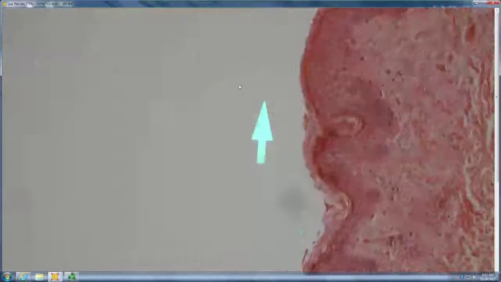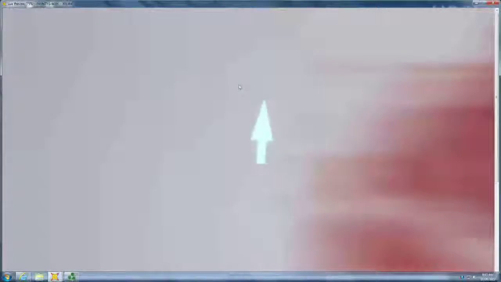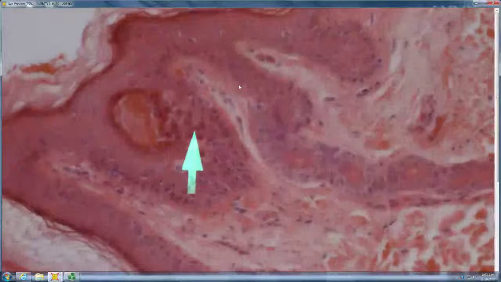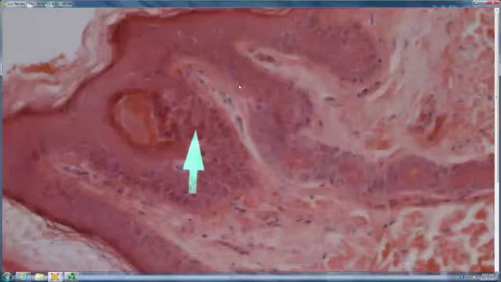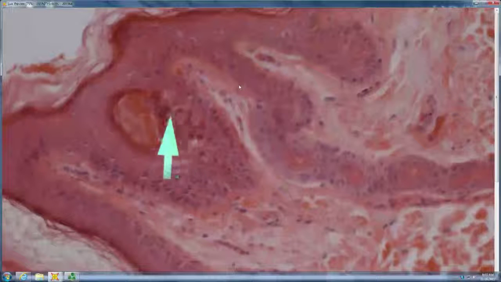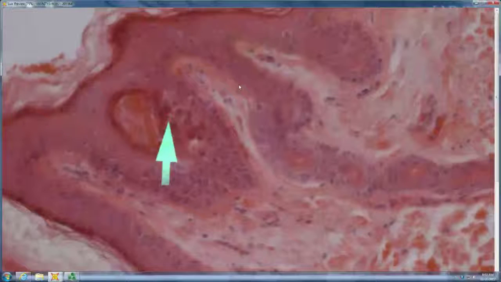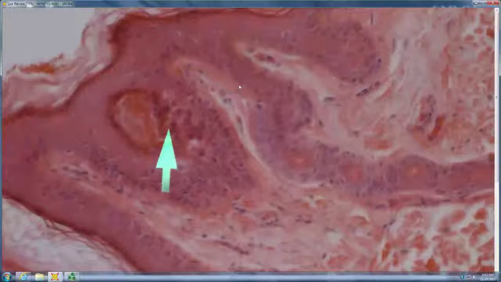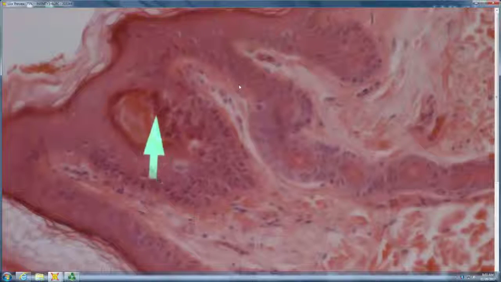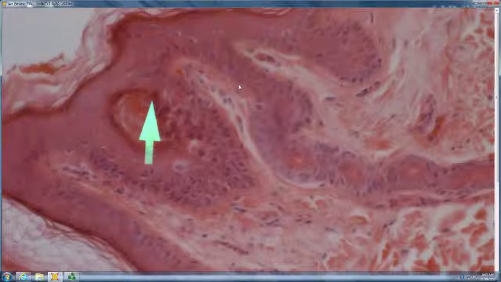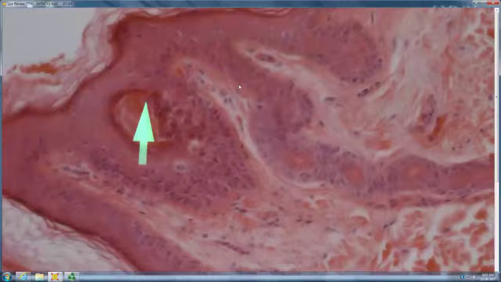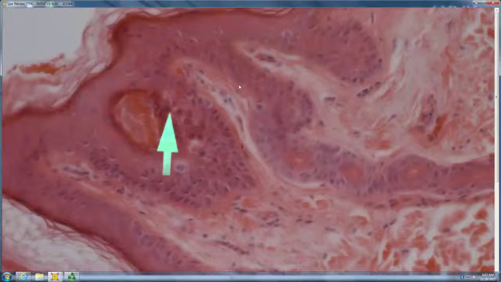Scan doesn't jump out at you until you see this area here. So what's going on there? It looks like a corps ronds, or not, dyskeratosis with some dead reds. What are these granules? And why are some of them blue and some of them red? And then there are little vacuoles in there.